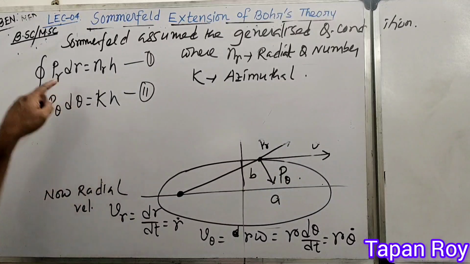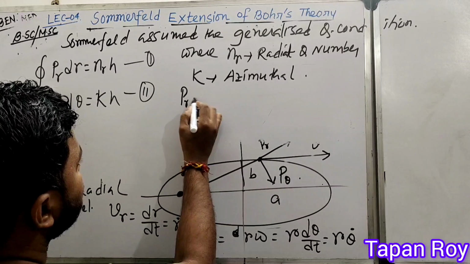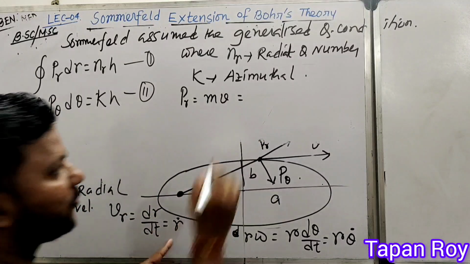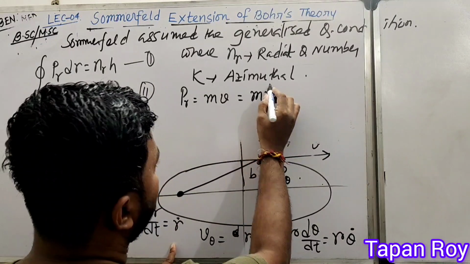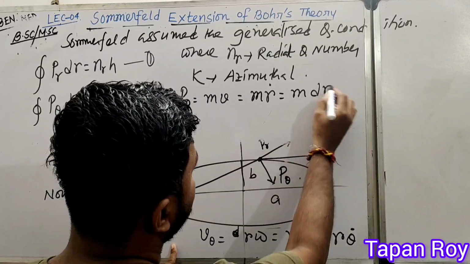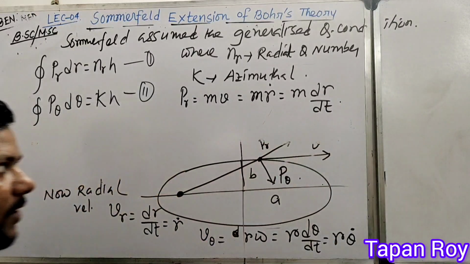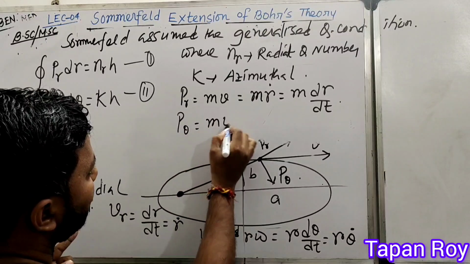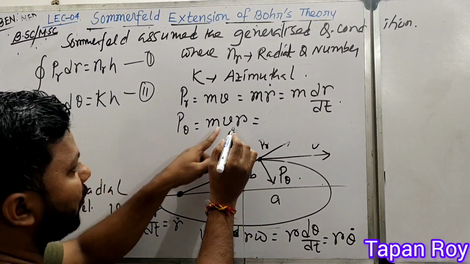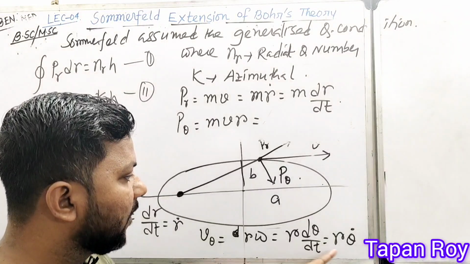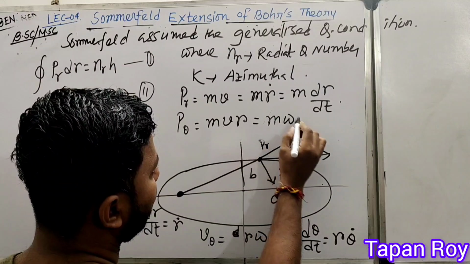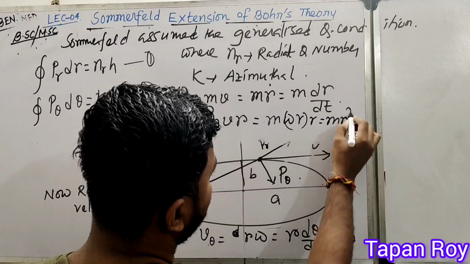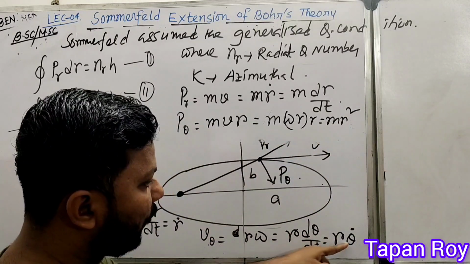Now let's see what p r is. p r is equal to m into v, where v means r dot. So here m r dot is equal to m into dr by dt. What is p theta? Here p theta is equal to m into v into r, where v means omega into r, so m omega r squared, where omega means theta dot.